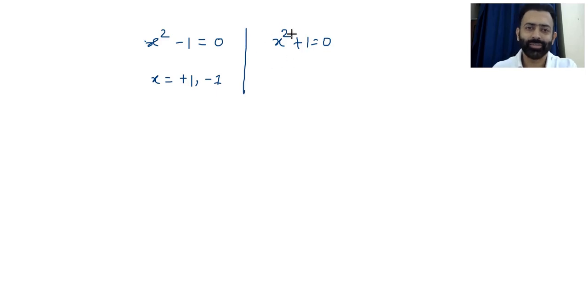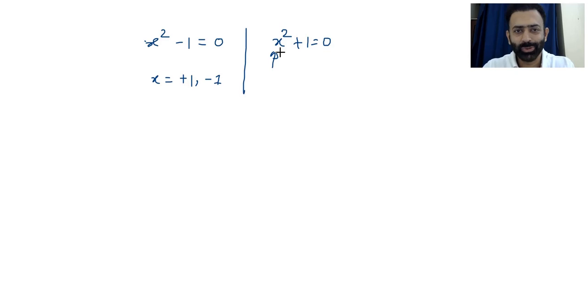The logic is that x square is always positive, and if you add a positive number to a positive number, the answer is always positive. You won't get a 0. So if I have to get the answer as 0, this x square has to be negative, right?